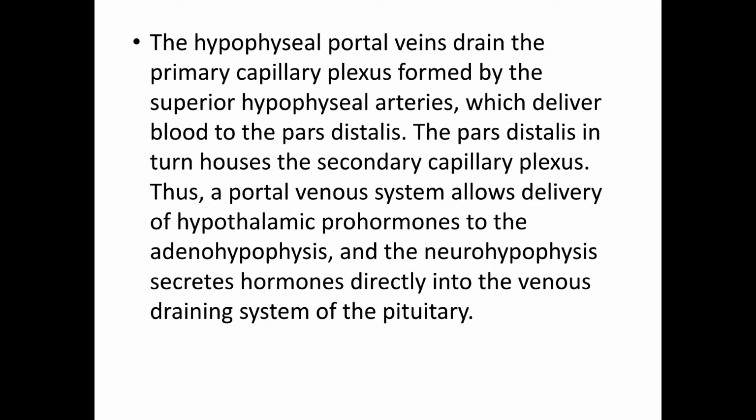Okay, so the hypophyseal portal veins drain the primary capillary plexus formed by the superior hypophyseal arteries, and they deliver blood to the pars distalis, and I will explain what the pars distalis is. The pars distalis in turn creates another, secondary capillary plexus.